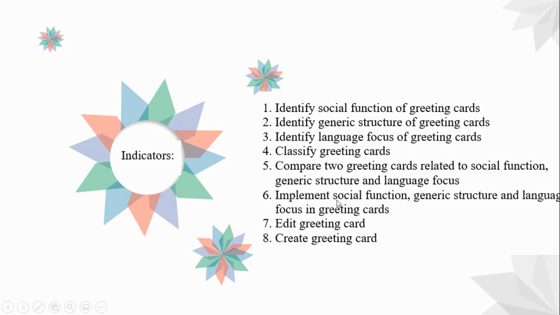Based on the indicators here, we have known that indicator number 1 until number 6 could be classified as LOTS. So numbers 1 to 3 could be classified as C1 or remembering, and then numbers 4 and 5 we consider as Bloom's taxonomy level 2 or C2, identification or classification.